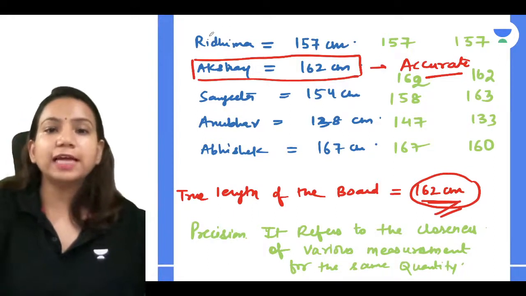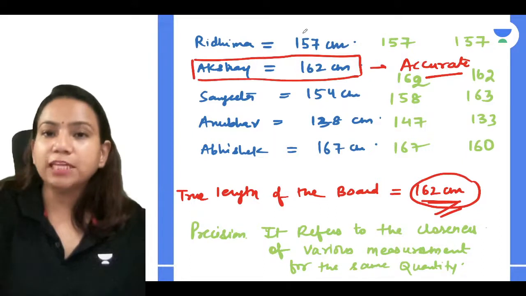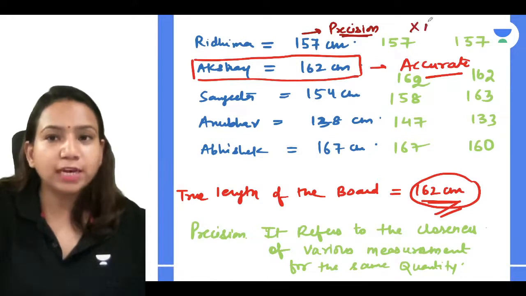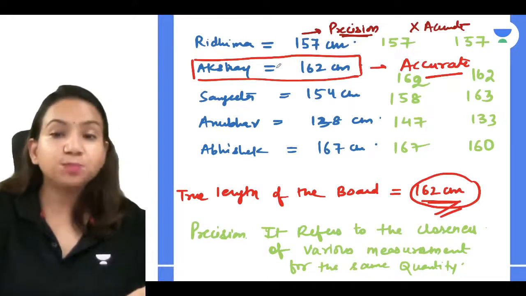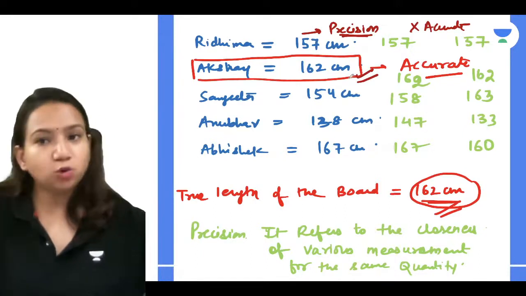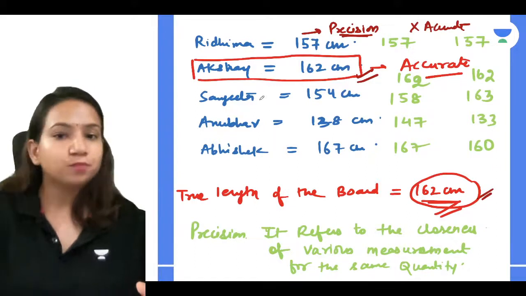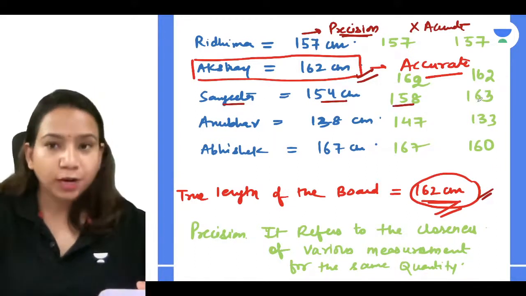Like if I say, Riddhima is precise but not accurate. Riddhima, you have precision but you are not accurate in this result. But Akshay is precise as well as accurate, all the values are the same and equal to the true value. Sangeeta, not precise and not accurate.